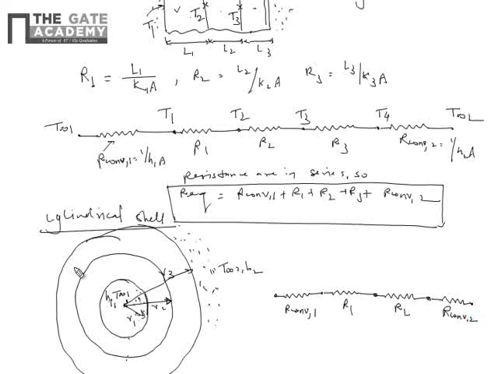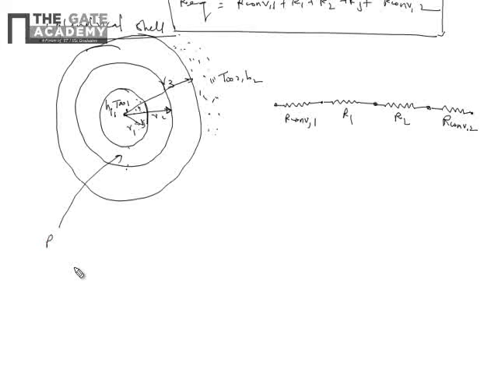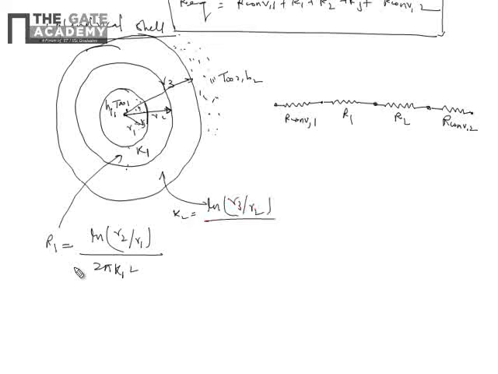Where R1 is the conduction resistance of the inner shell, which is given as we know ln of R2 upon R1 upon 2 pi K1 L. Let us say the thermal conductivity of the inner shell is K1. And R2 is given as ln of R3 upon R2 upon 2 pi K2 L, where K2 is the thermal conductivity of the outer shell.